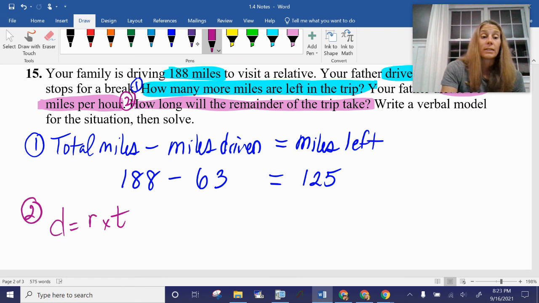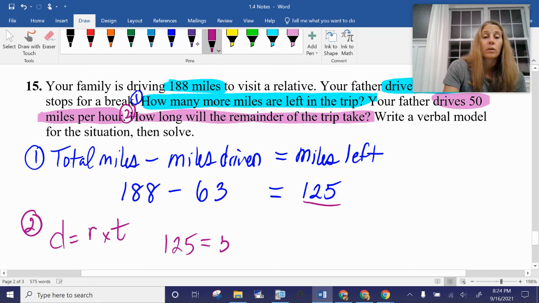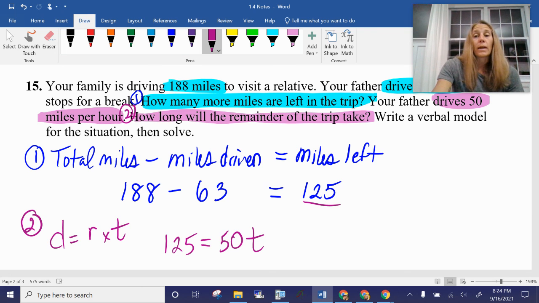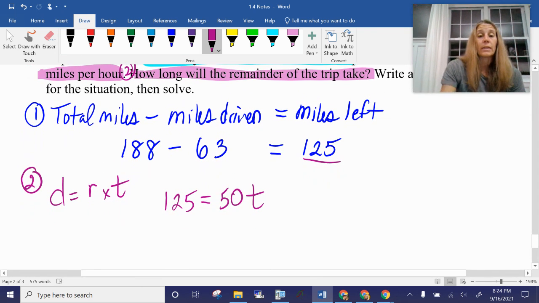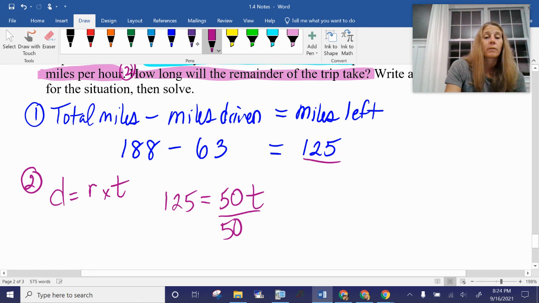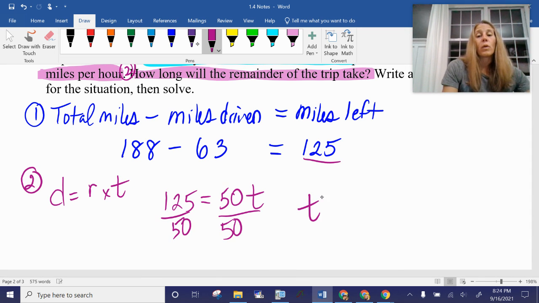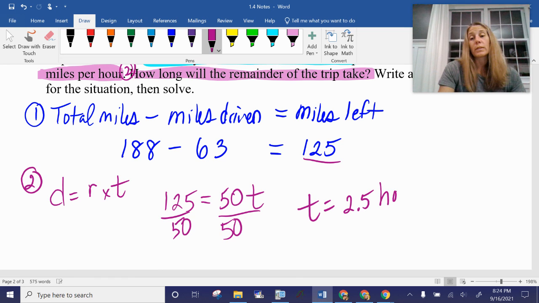We know the distance he has left to drive is 125, and the rate he was driving was given to us, 50 miles per hour, and the time is t. So I can solve this by getting t by itself, dividing. 125 divided by 50 is 2.5. And of course, this would be hours, since the rate was miles per hour, which means the time we're getting is in hours.